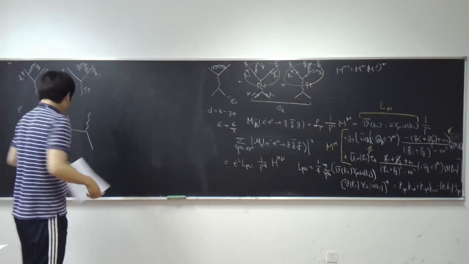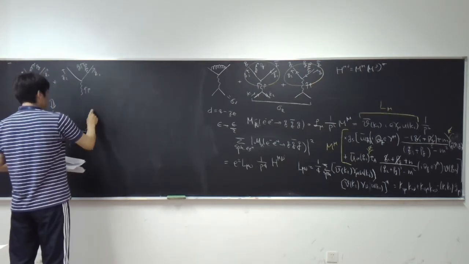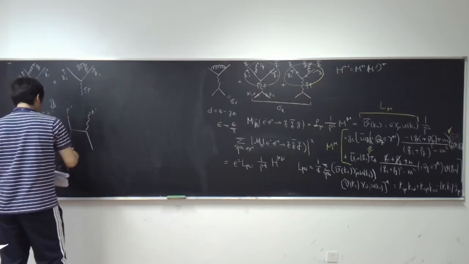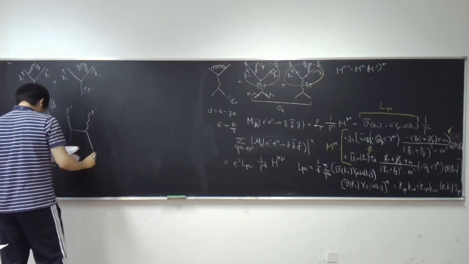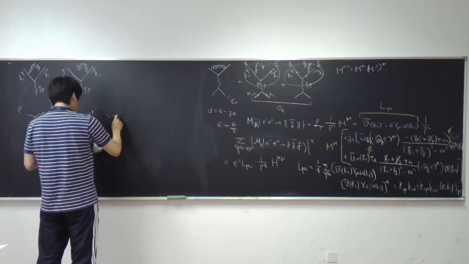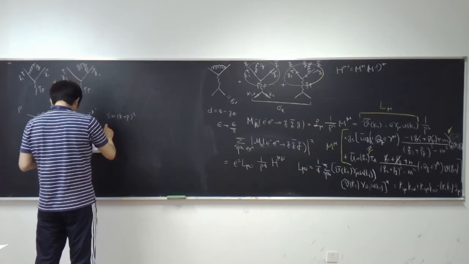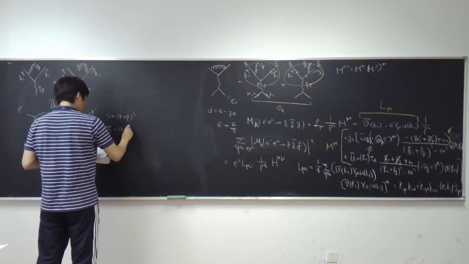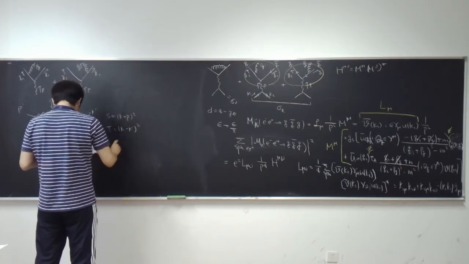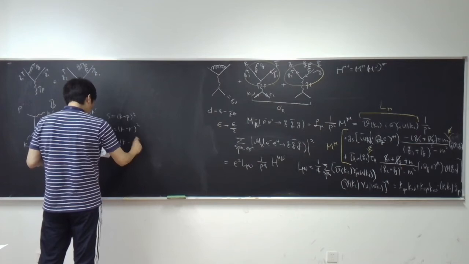Therefore, from here, K prime, P prime, K and P, S is equal to (K plus P) square, the time variable T is (K minus K prime) square, and U is (K minus P prime) square.